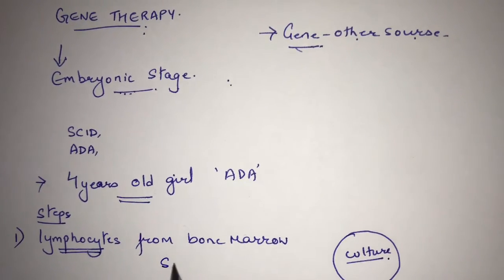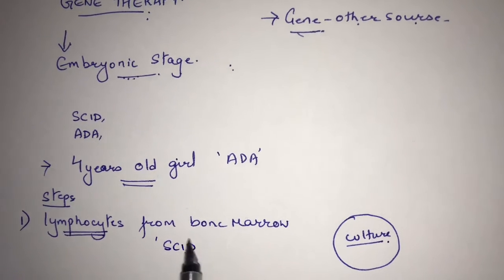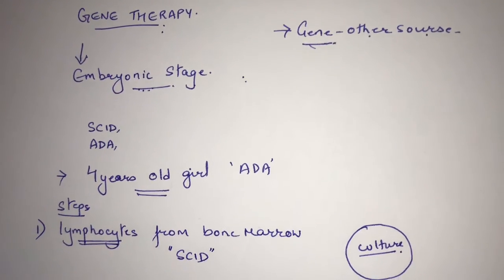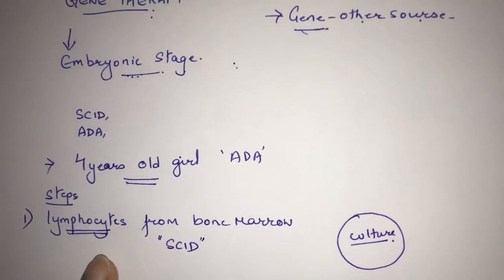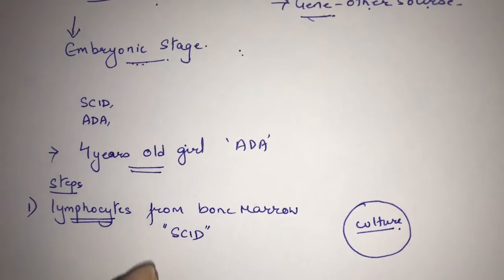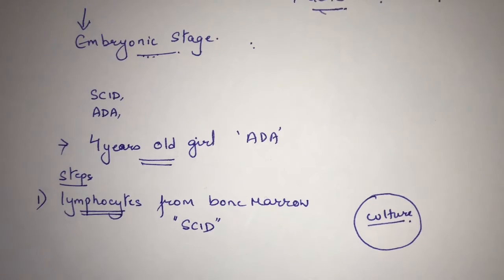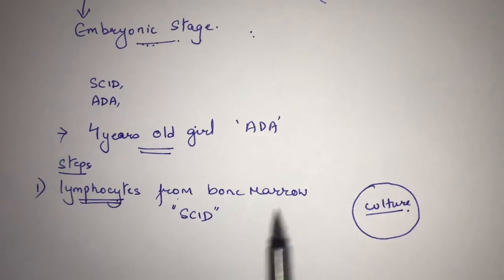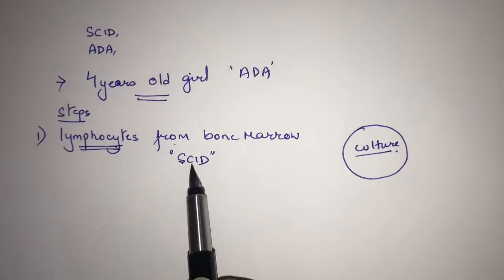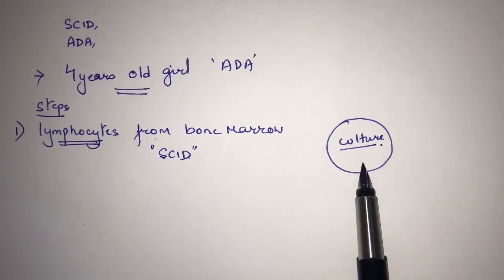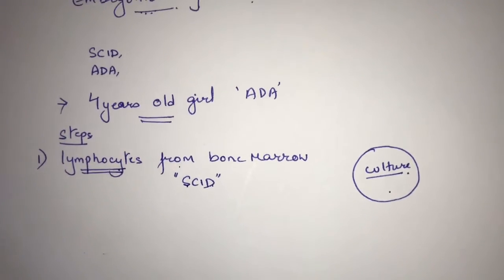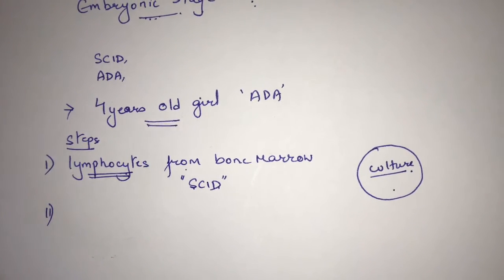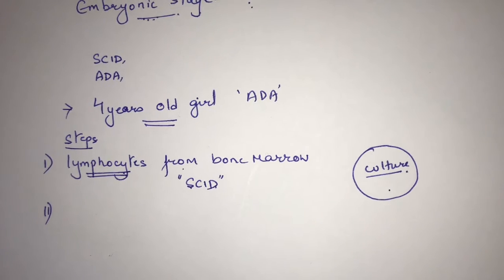Suppose the patient is undergoing SCID, this lymphocyte does not have the antibodies which can fight this disorder. So these lymphocytes were grown in a synthetic culture medium. And the second step is that cDNA of the functional ADA gene is produced.